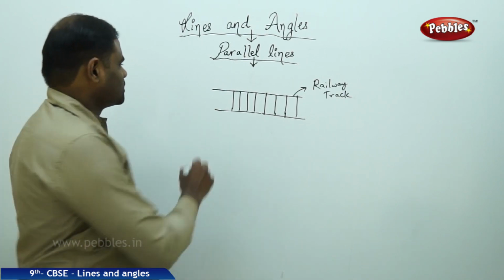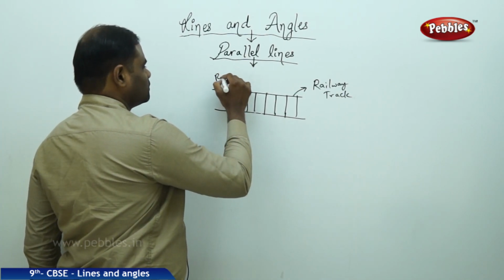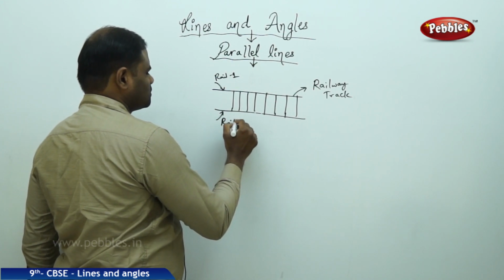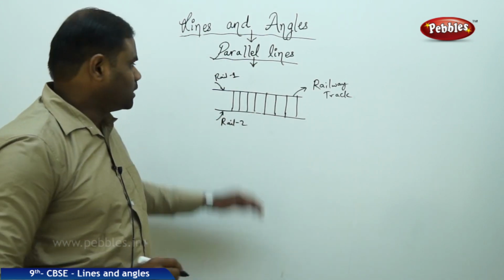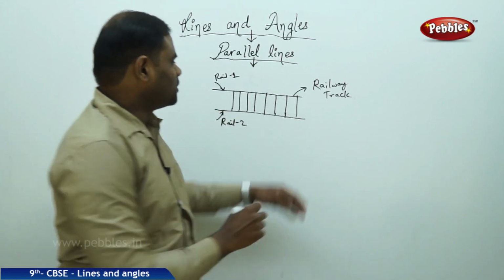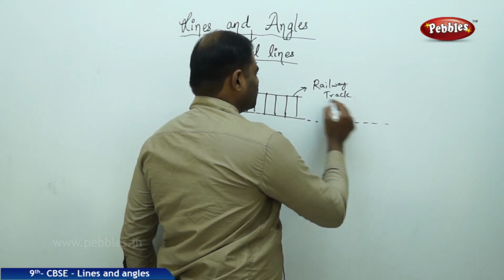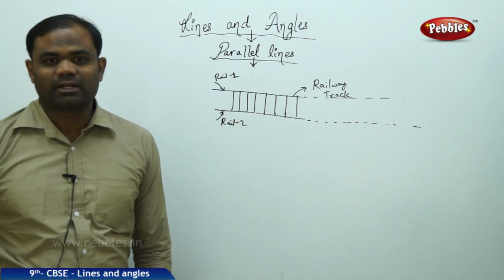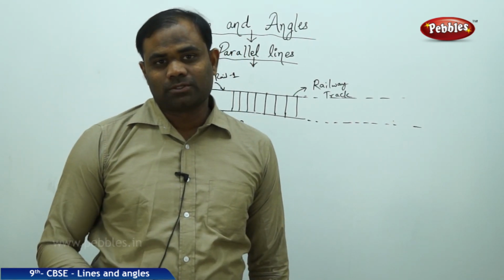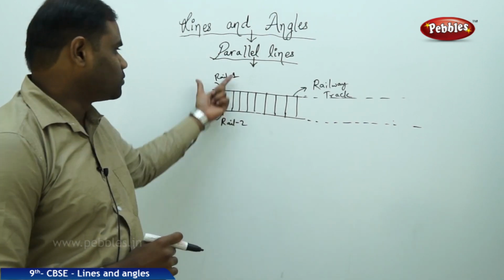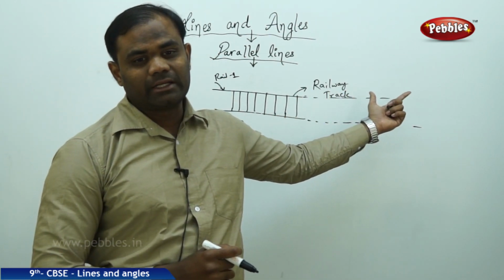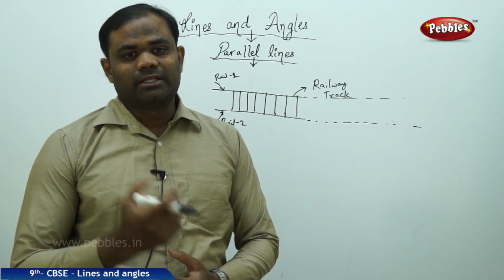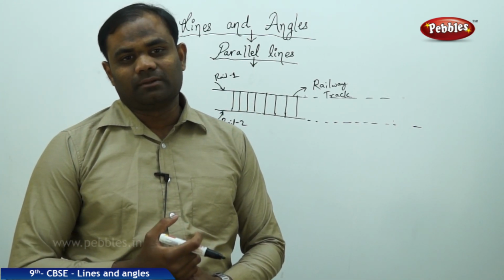The two rails, this is rail 1 and this is rail 2, and the two rails never meet, but they go on and on, and they never try to meet. This is how we understand two parallel lines. So mathematically, when I connect these two rails with the railway track, I clearly understand that this is an example of lines which are parallel.